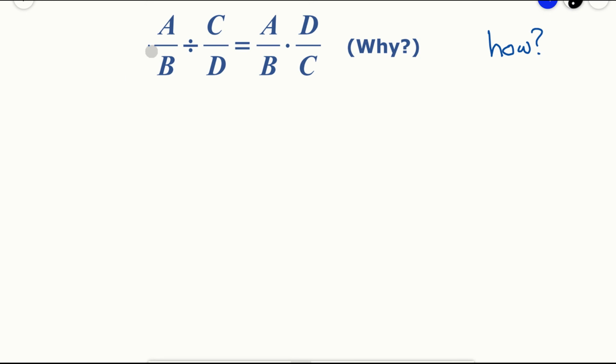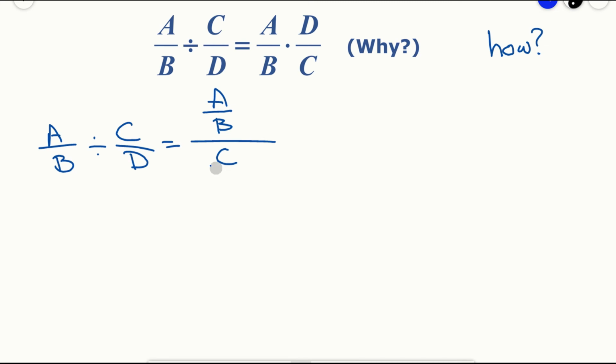All right, so let's take a look at this. Notice that A over B divided by C over D. Well, I think you agree that we can write it as a compound fraction like this, right?